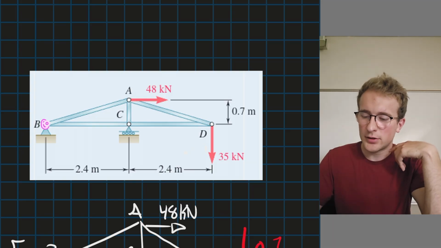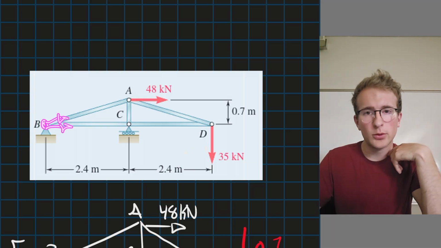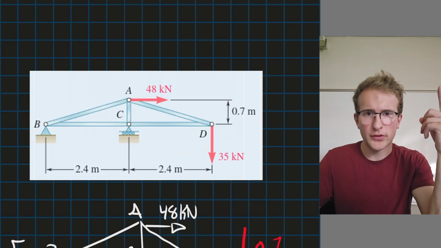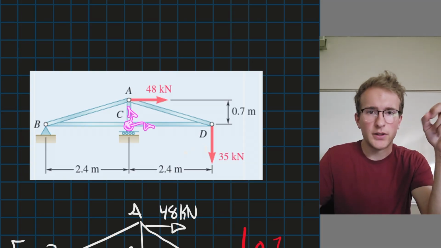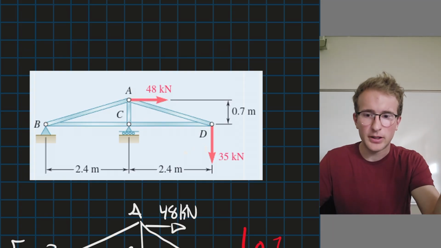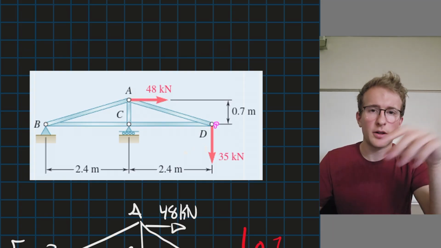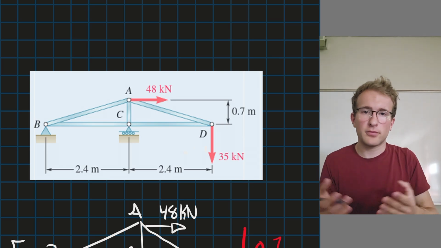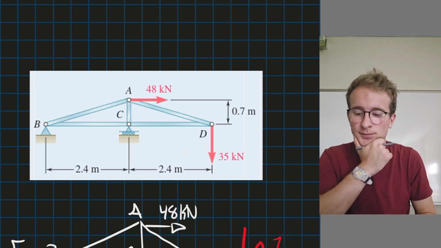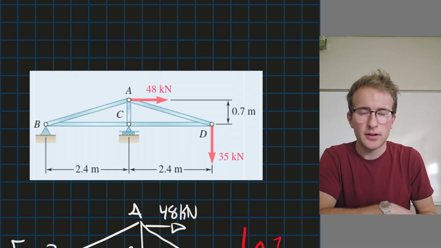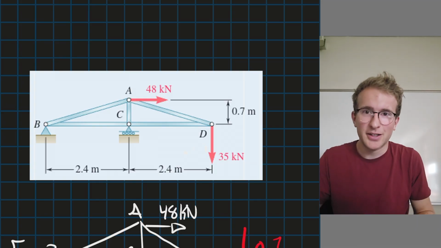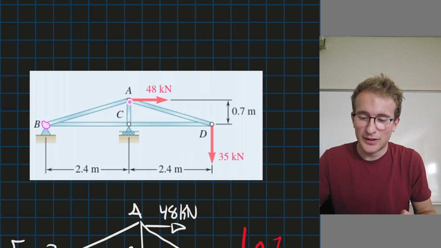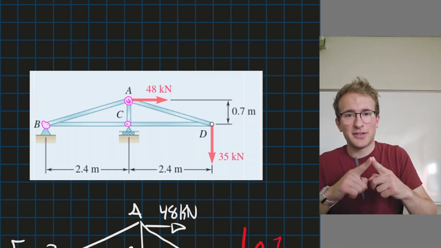And then we looked at a joint where there were only two unknowns. We did sum of the forces in x and y to find those unknowns. And we looked at another point, which now has two unknowns, so it's solvable. We did sum of the forces in x and y. And we just kept working our way through the truss until we solved all the tensions and compressions we need. So this method of finding those tensions and compressions is called the method of joints because we look at individual joints where those members are pinned together.